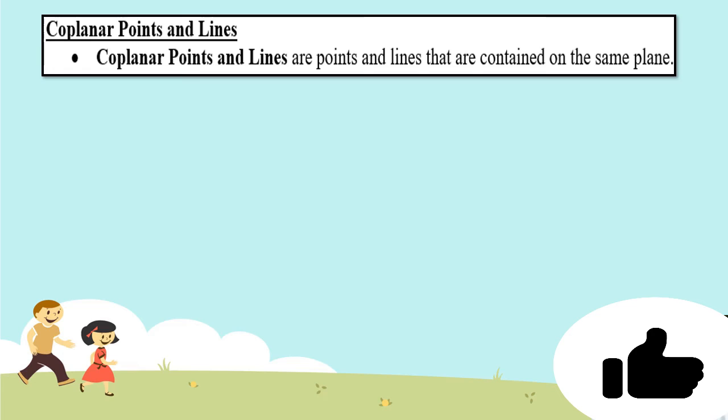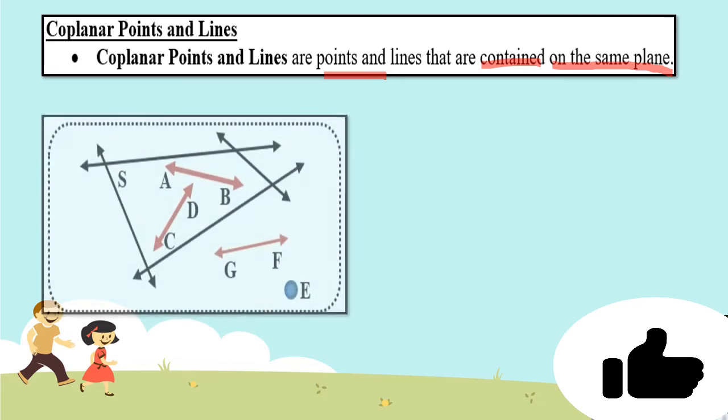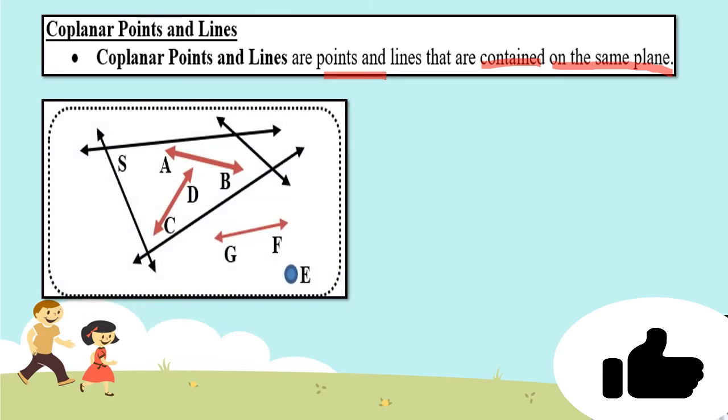Coplanar points and lines. When you say coplanar points and lines, these are points and lines that are contained on the same plane. Again, points and lines contained on the same plane. So we're dealing with points and lines. Example, as you can see in the figure, this will be all the points found on the plane, and this will be the lines found outside the plane.